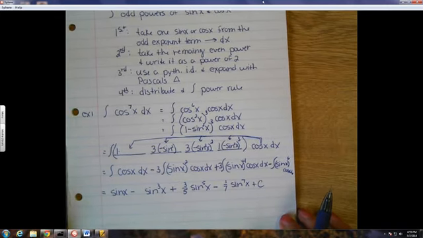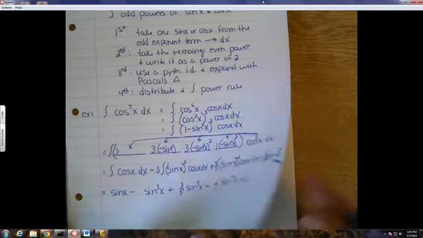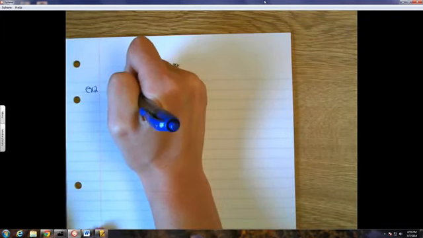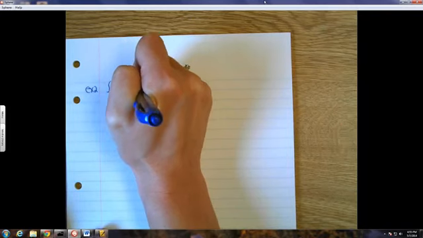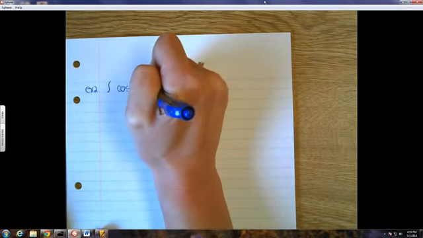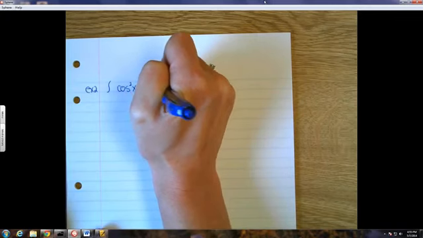Next one. I will have cosine squared times sine to the 7th.